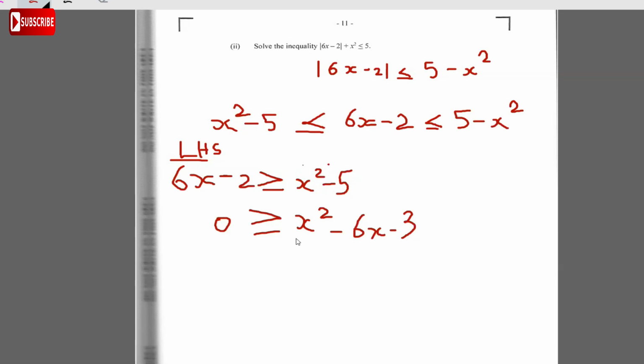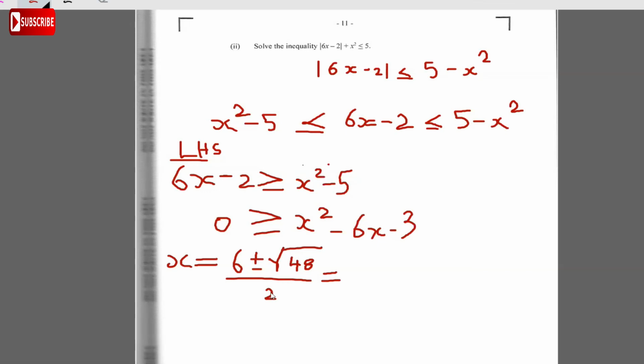Alright, so I can't factorize this, so I go to the quadratic formula to find what x would be. x would be equal to minus b, which is 6, plus or minus the square root of b squared minus 4ac, over 2a, which is the square root of 48 over 2. 48 can be broken up as 16 times 3, and the root of 16 is 4.